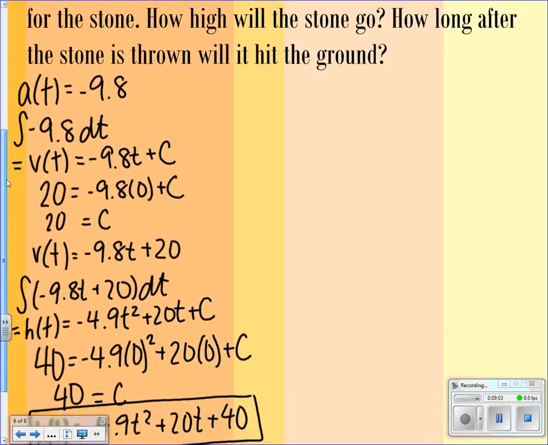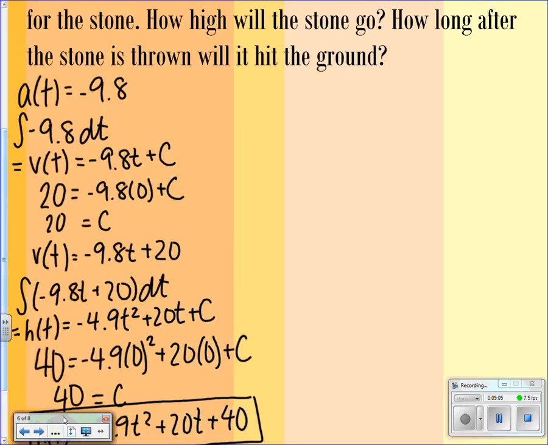And it asks, how high will the stone go? Move this over here. The height of the stone, how would we figure that out? Well, we want to know when the velocity is equal to 0, because we're standing on a building here.